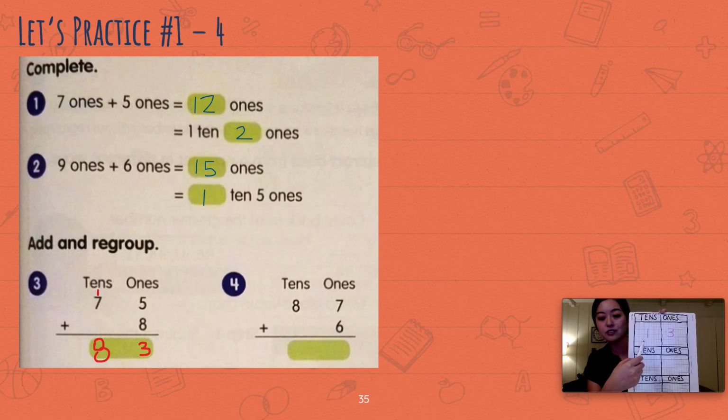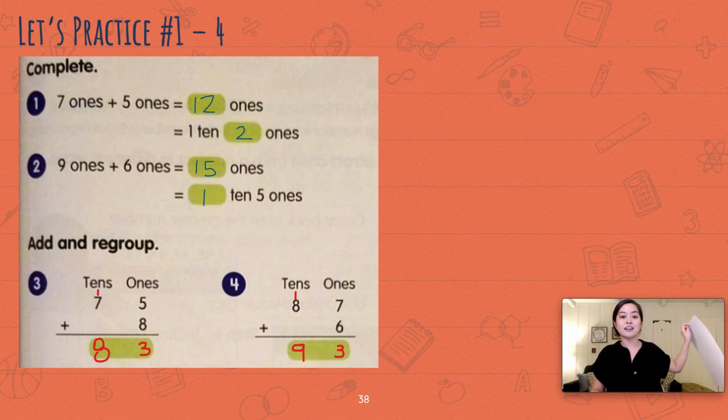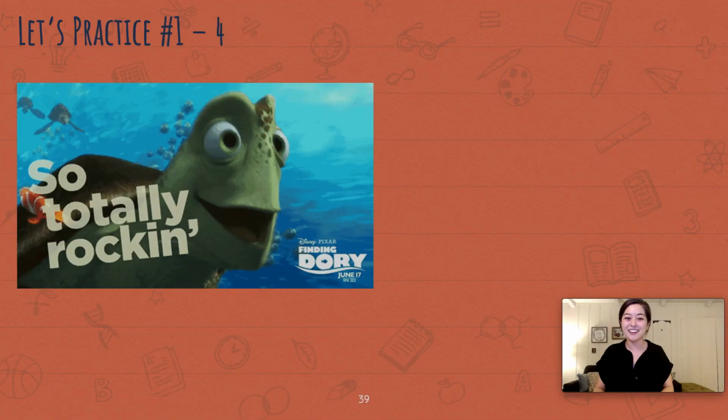How many 10s are in 13? 1 ten. So I'm going to write the 1 ten above the 8. And then what should I write in the answer spot for the 1s? I have to write a 3. Okay. And then we have to add the 10s next. So 1 ten plus 8 tens is 9 tens. So 87 plus 6 is 93.